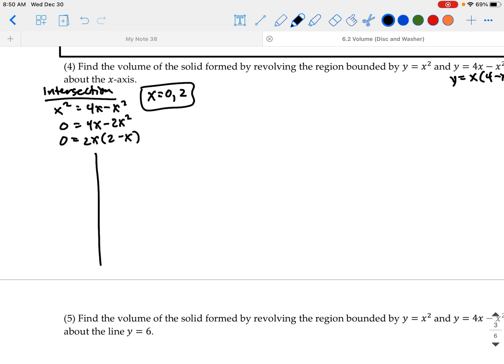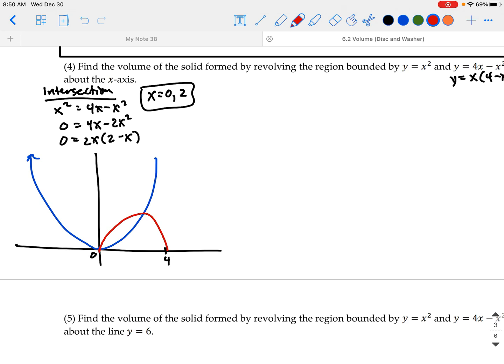All right, now let's actually graph this just to see what it looks like. So we've got x squared, and then 4x minus x squared. So that has zeros at 0 and 4. Let's say 4 is over here. We know that they're going to intersect at 2. So that's the parabola that looks like this.